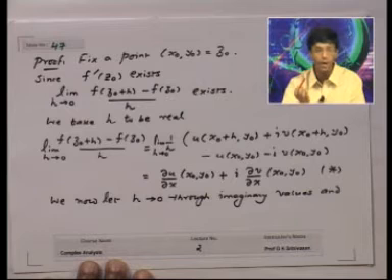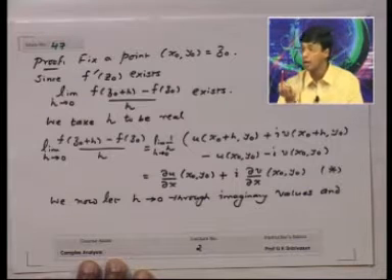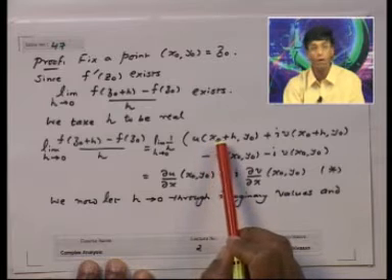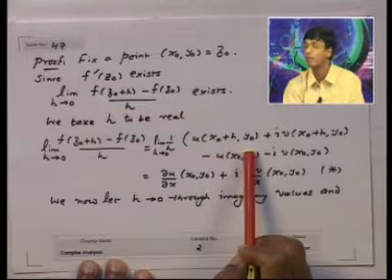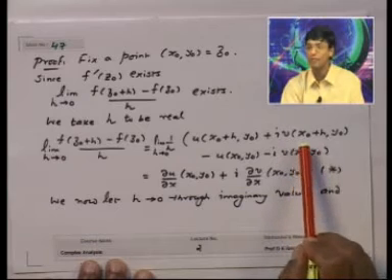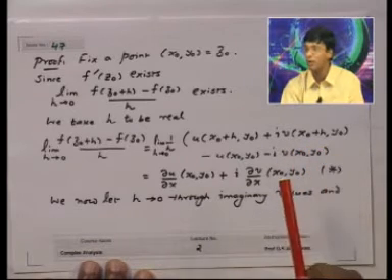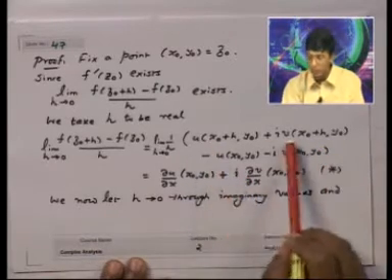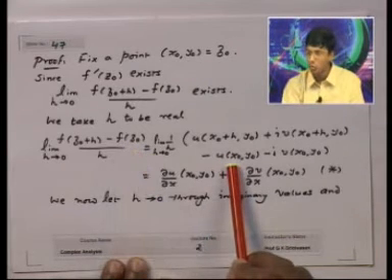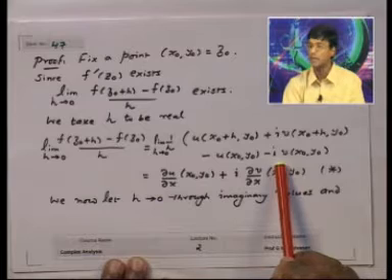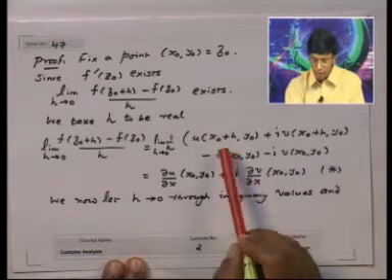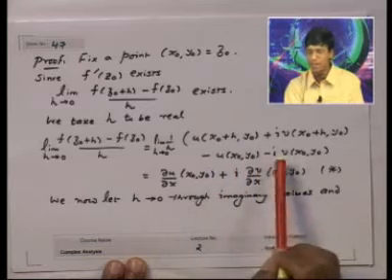But what is h? Mind you, h is real. So, when I say z naught plus h, it will be x naught plus h comma y naught. Likewise, here v of x naught plus h comma y naught, right? u plus iv minus f of z naught, u of x naught y naught minus iv of x naught y naught, correct? Now, separate the real and imaginary parts.